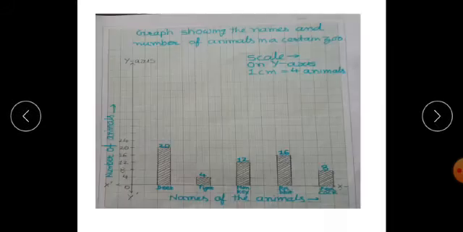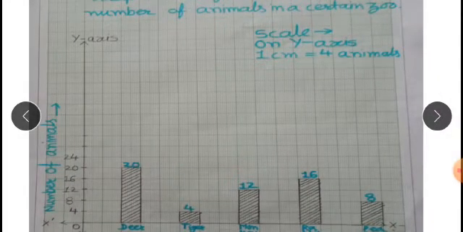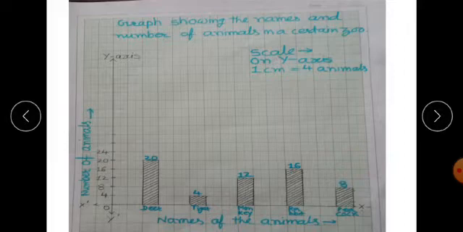Therefore students, now this graph is very clear to you because on this bar graph I have written the material with the help of sketch pen for the clarity of the matter, but you don't have to use sketch pen. Now students, again I have drawn x-axis and y-axis, denoted their point of intersection as origin.